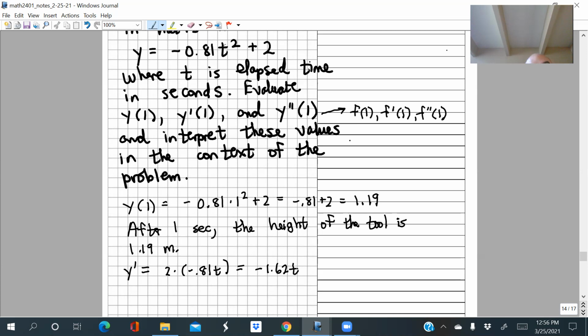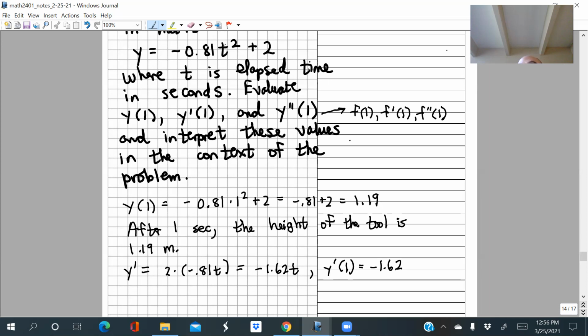Am I doing that right? I think so. It's easy to evaluate that derivative at 1. Just plug 1 in for t, and so you just get minus 1.62. So y prime of 1, or the derivative evaluated at 1, is minus 1.62.